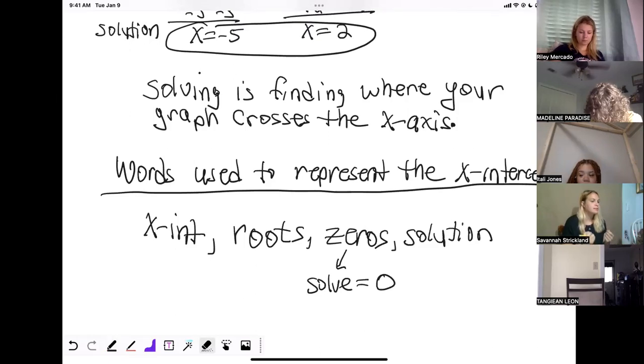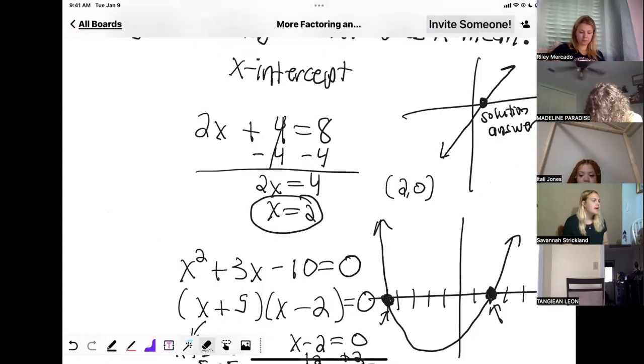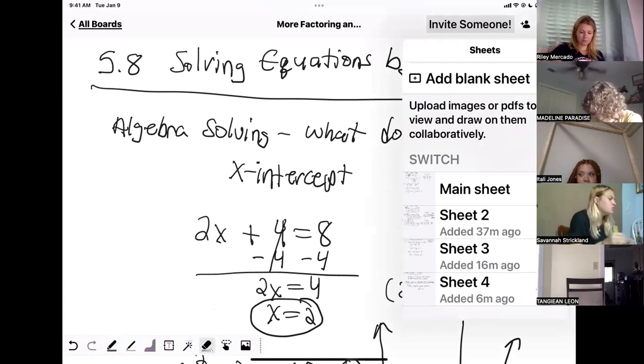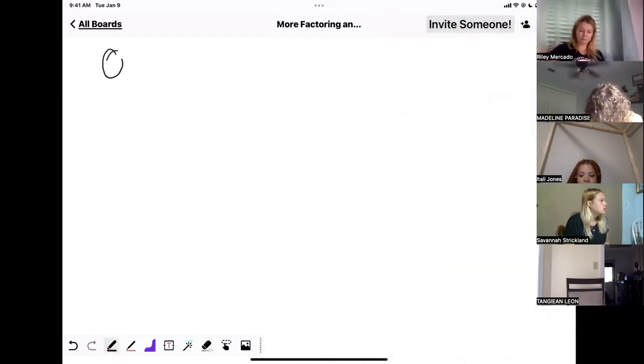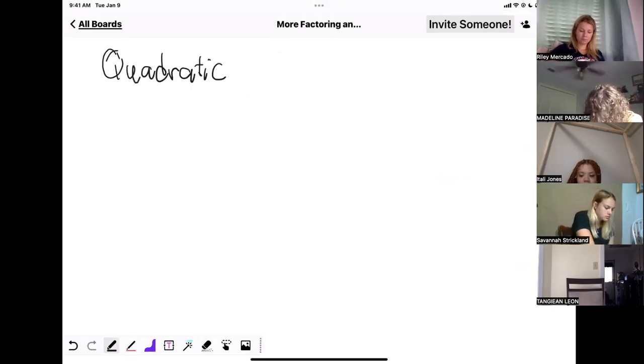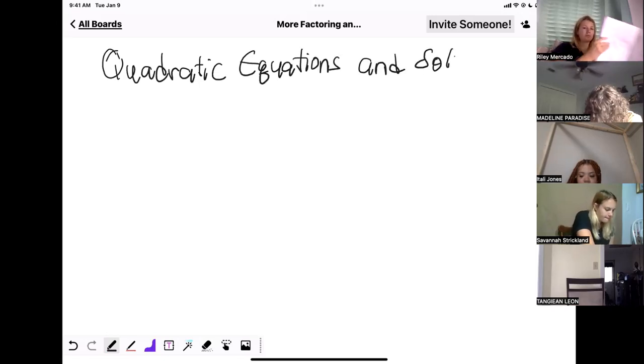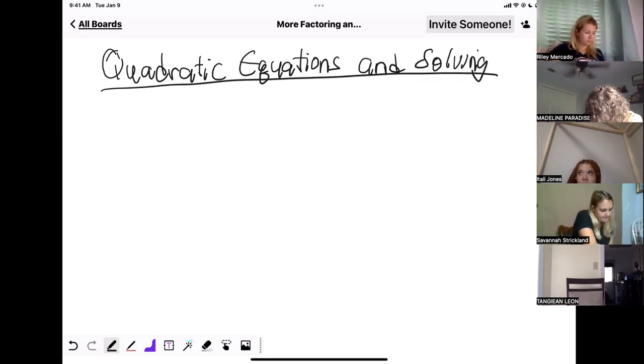Everybody have it? Good. That's our overview. We're going to spend most of our time on quadratic equations and solving. Quadratic equations have a degree of 2.